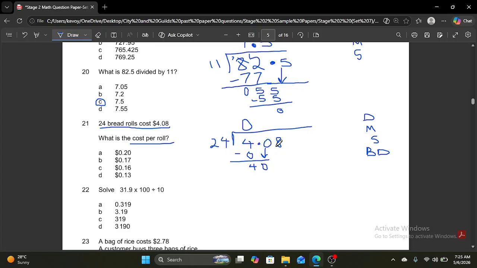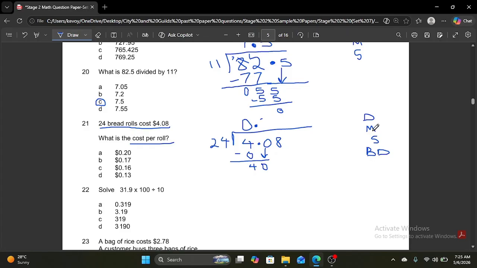Anytime you bring down a number after the decimal point, put the decimal point above, where you have your answer, or else it's going to change the answer. Now, how many times can 24 go into 40? That will be 1 time.